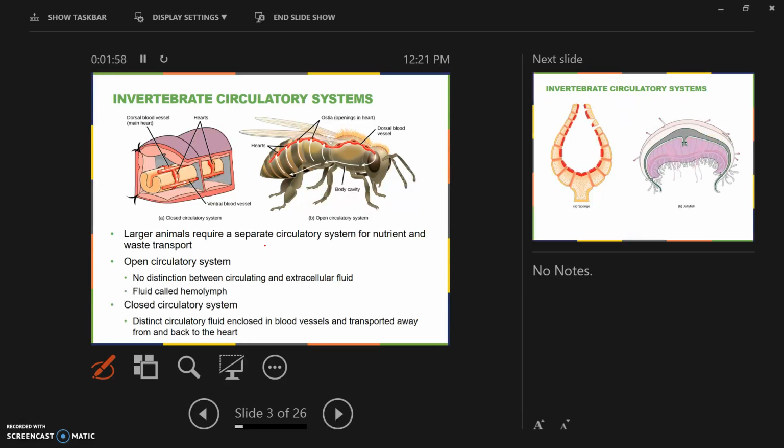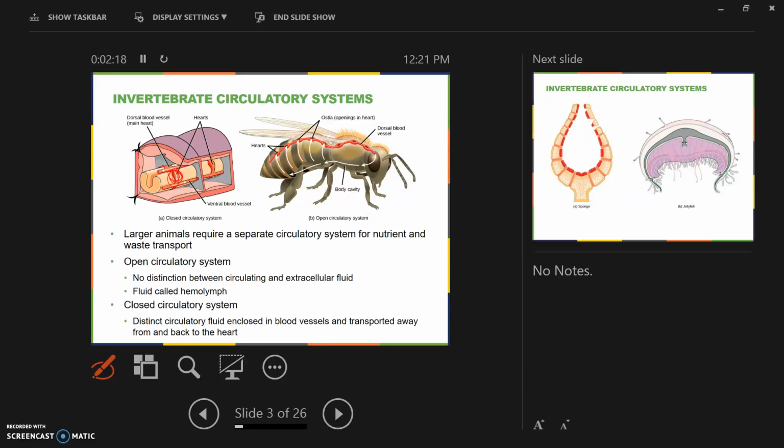And here we see the closed circulatory system example, which humans have, which starts with a heart and then transports blood through arteries and capillaries and veins back to the heart.